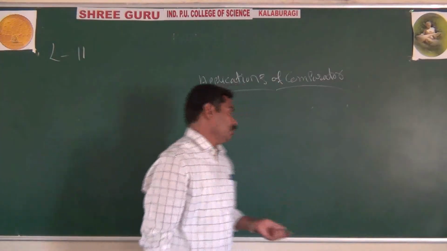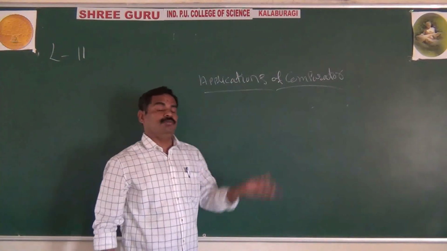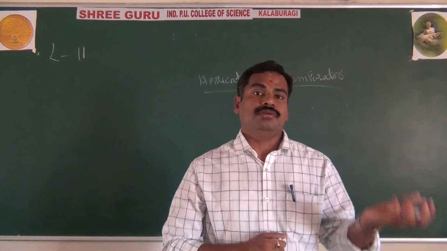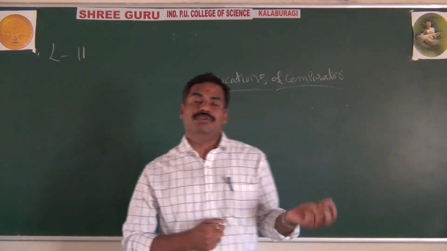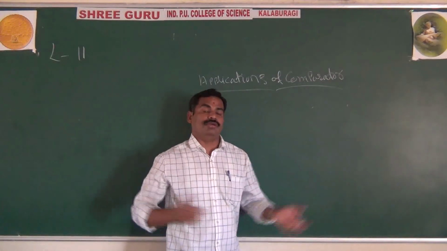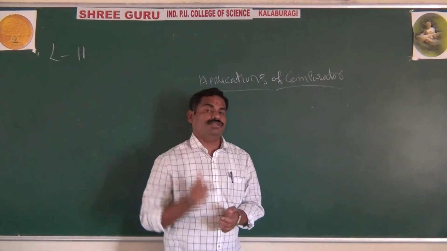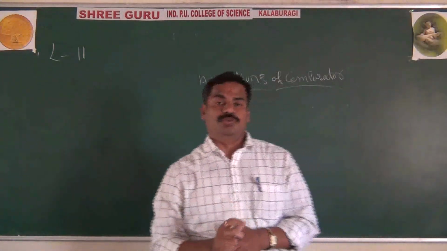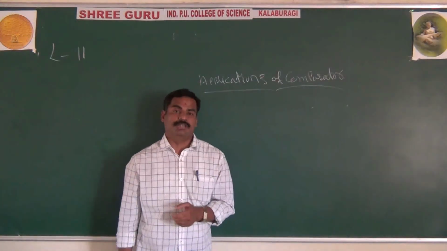But here in your Schmitt trigger, the important thing is that if your input is less than V reference or minus V reference, we are not getting output. The input should always be more than or equal to the V reference, then only you get the output. That is the importance of the Schmitt trigger.